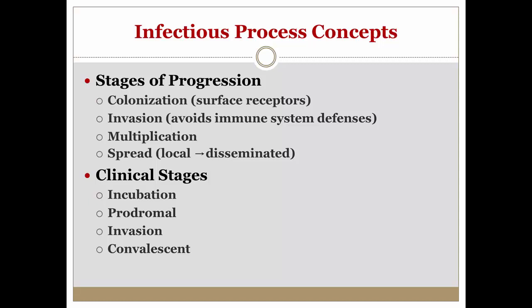But once the organism has invaded, they have penetrated the tissue and are avoiding the immune system and the inflammatory response, now they undergo multiplication. I call this the bunny phase, because this is a phase in which there is rapid cell growth and cell division.